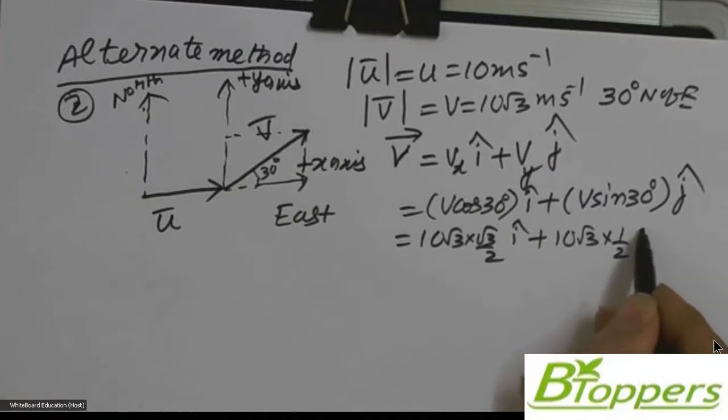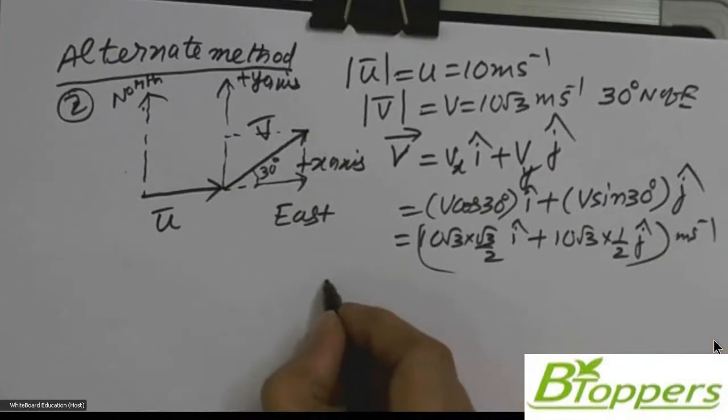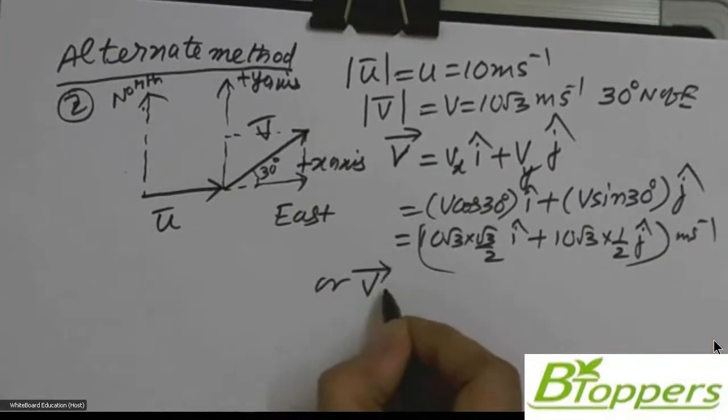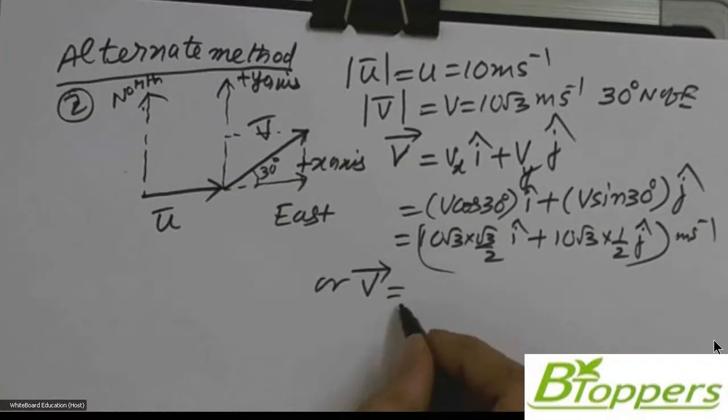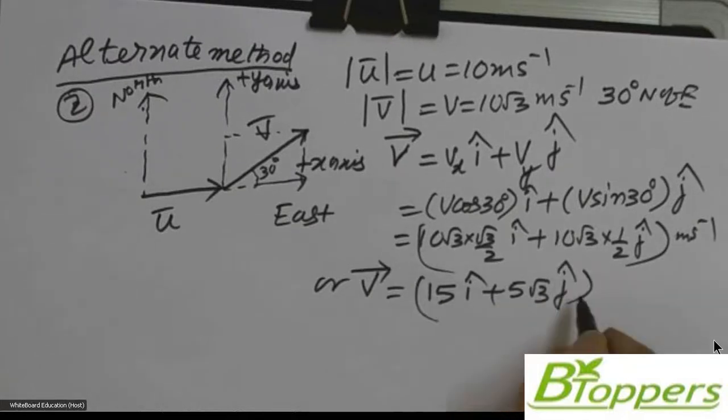Sin 30 degrees is 1 by 2. So you can simplify this. So v bar you can write 15 i cap plus 5 root 3 j cap meter per second.